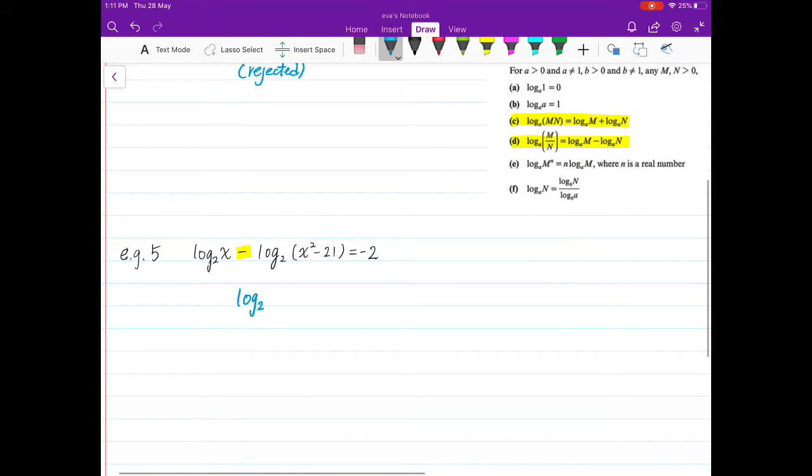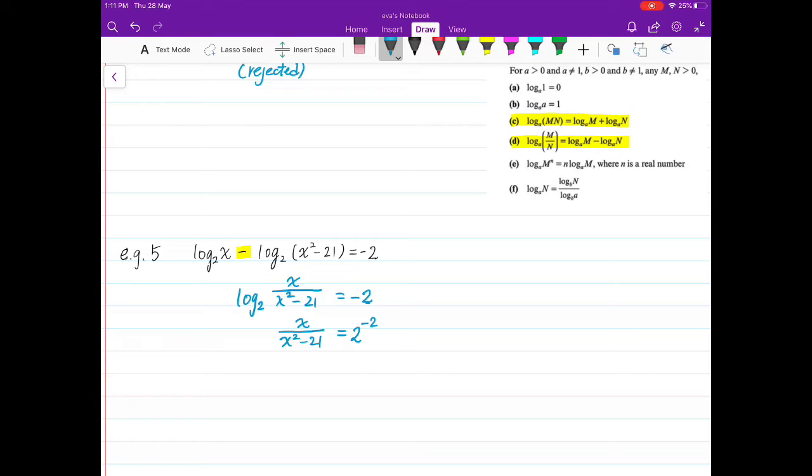Log base 2 of x over (x squared minus 21) equal to negative 2. As we want to remove the log base of 2, we take the 2 as the base for the negative 2 on the right hand side.